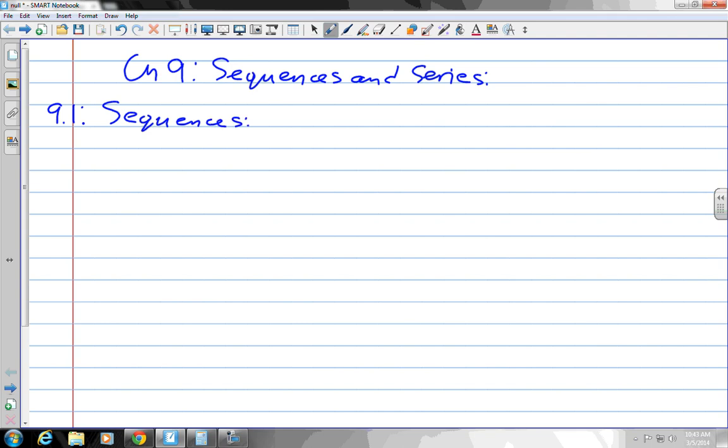A definition of a sequence: it's a function. That's all it is. A sequence is a function, the domain of which is just a set of natural numbers. So 1, 2, 3, 4, and so forth. So that's a definition.